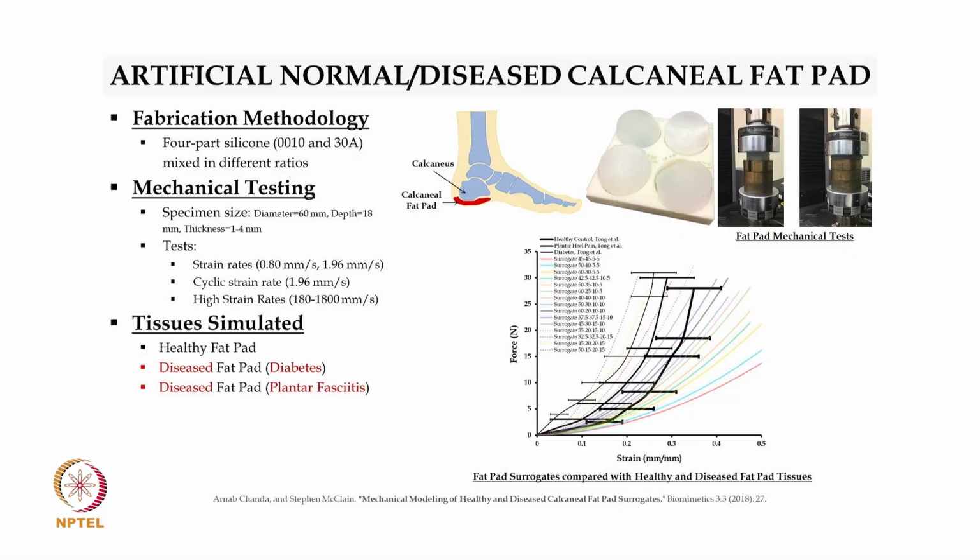And then this is followed by all the colored lines, which represent all the different compositions which we have developed to simulate the calcaneal fat pad, and we had developed this with the intention of going from a softer hardness material to a higher, stiffer hardness material, and this was done iteratively.